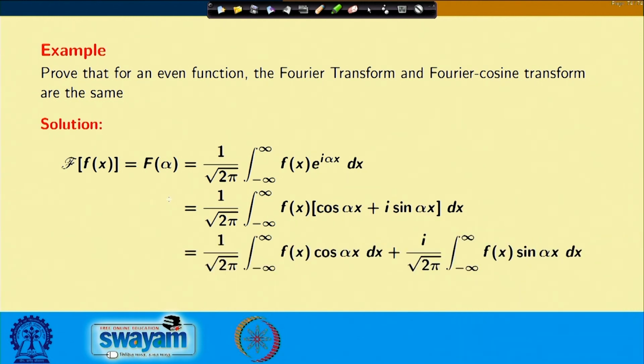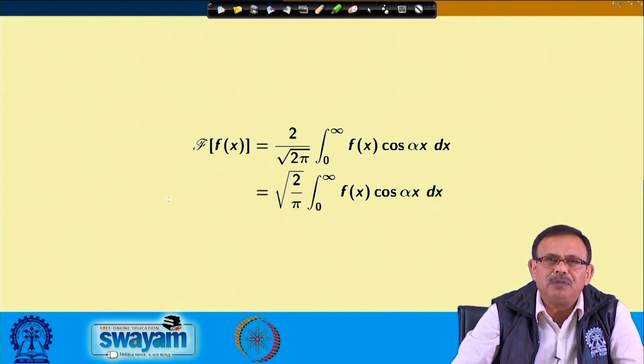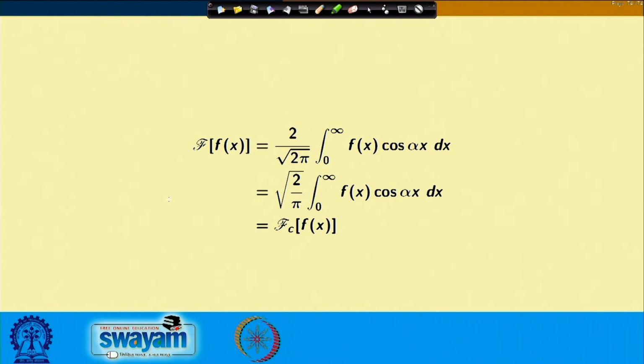From here I am breaking it into two integrals; the second integral will vanish due to the odd function, and the first integral can be written as 2 into 0 to infinity, which gives root over 2 by pi, 0 to infinity, f x into cos of alpha x dx, which is again the Fourier cosine transform of f x. So, if the function f x is an even function, then the Fourier cosine transform and the Fourier transform of that function will always be the same. Thank you.